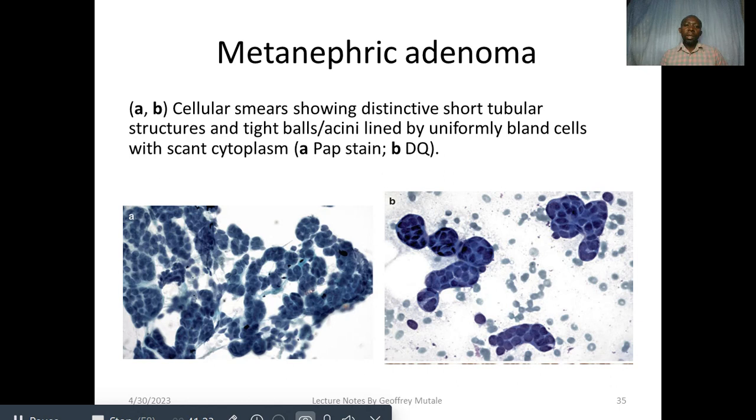We can appreciate the ball-like appearance, or the acini, where I'm putting the cursor on image B, and they are really lined by cells.